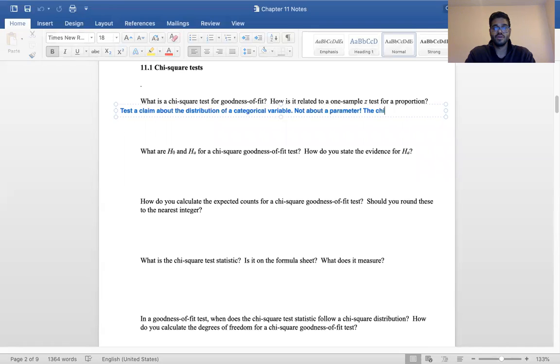The chi-square goodness of fit test is the general case of the one sample z test for proportions.